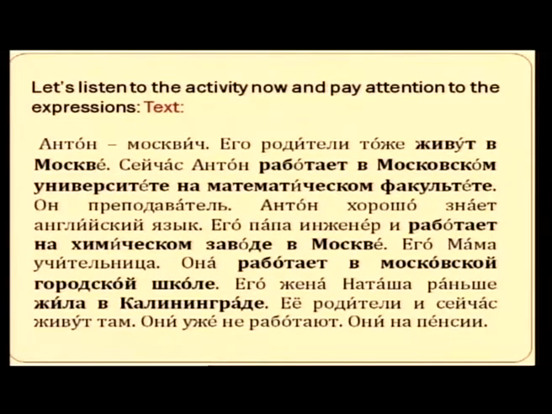So accordingly, завод, which is a masculine gender word, qualifies its adjective, and when used in prepositional case, it changes into химическом заводе. Please pay attention once again. Его папа инженер и работает на химическом заводе в Москве.